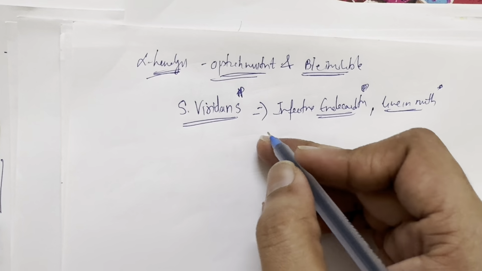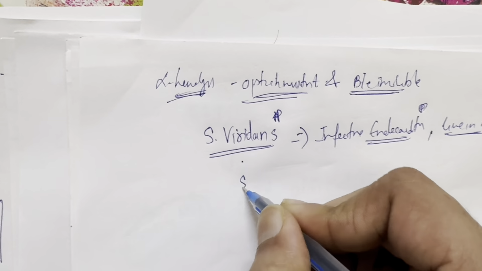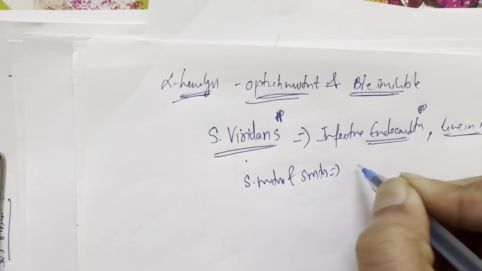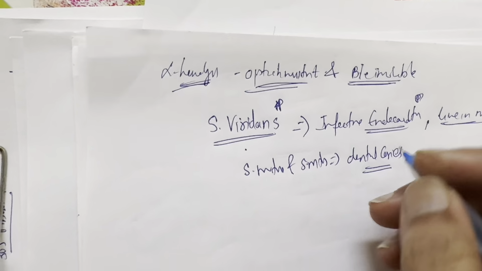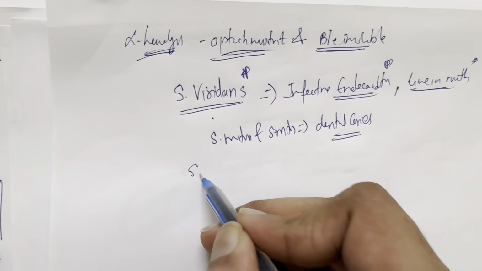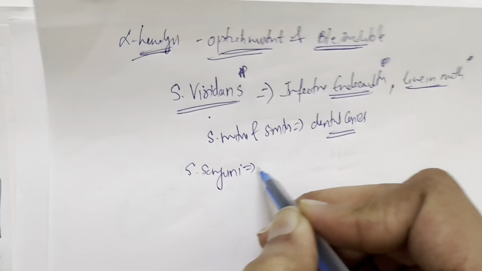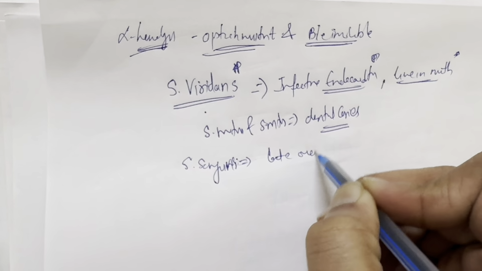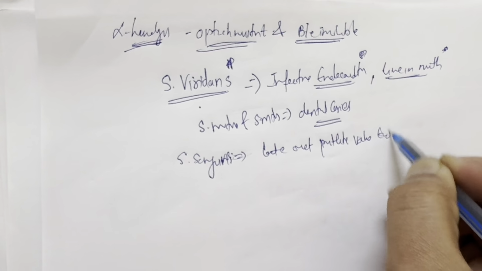Strep mutans and strep mitis cause dental caries, and strep sanguinis causes late onset prosthetic valve endocarditis.